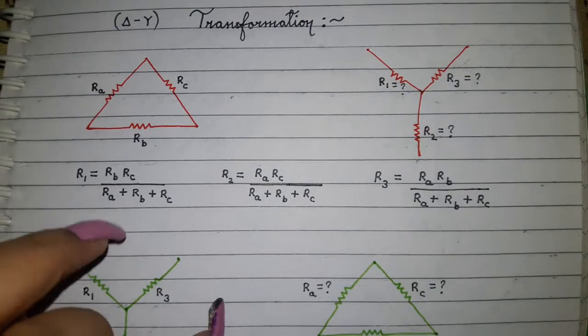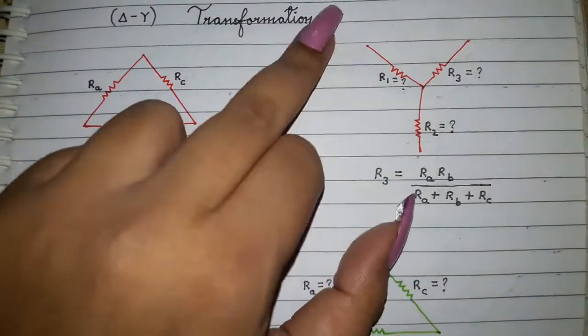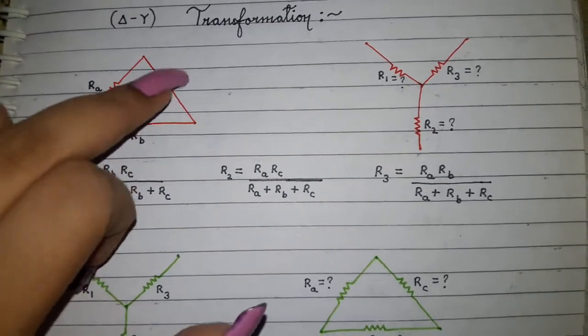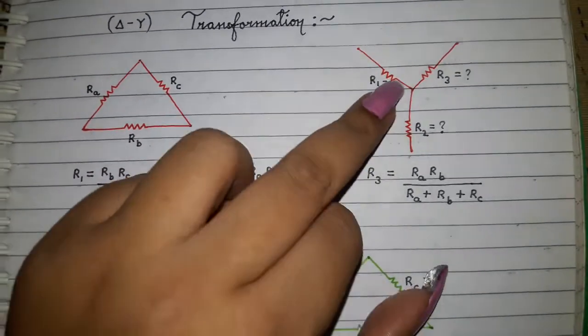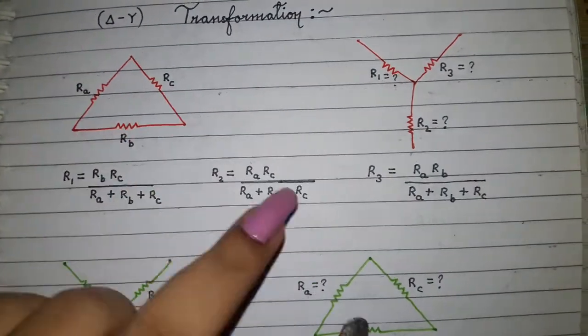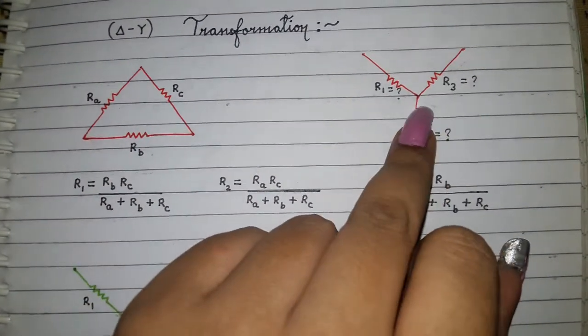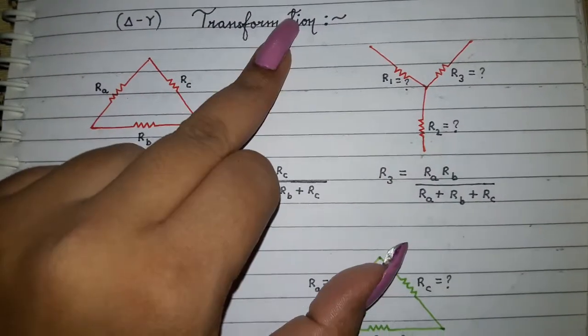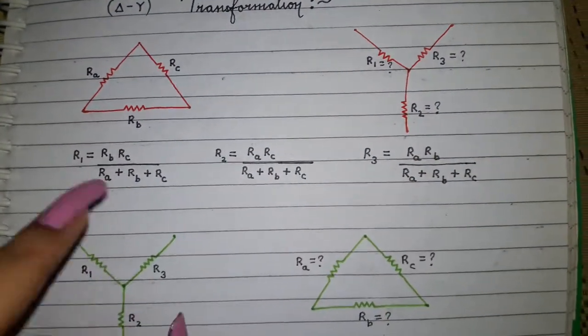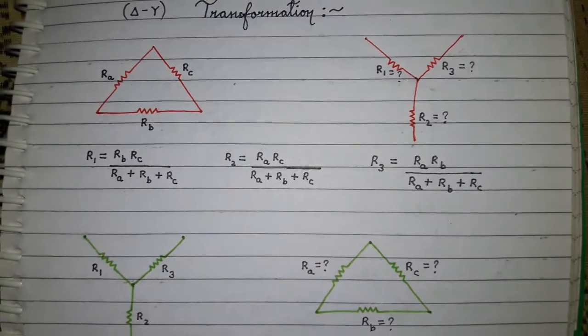So for R1, RA was not taken, RB and RC were taken. For R2, RB was not taken, RA and RC were taken. For R3, RC was not taken, RA and RB were taken. So this is an important trick to be remembered.